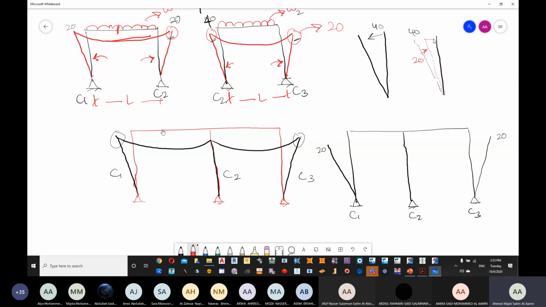Now, how much is this value now? 20. So now this will be leaning to the left side by the value of 20 as well. Are we okay? Is it clear?